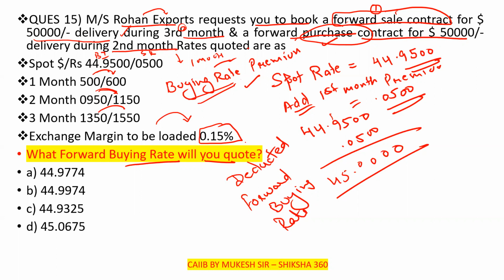So what is the margin? 0.15%. So I will calculate here 45 into 0.15 upon 100. This way basically it is going to be done.